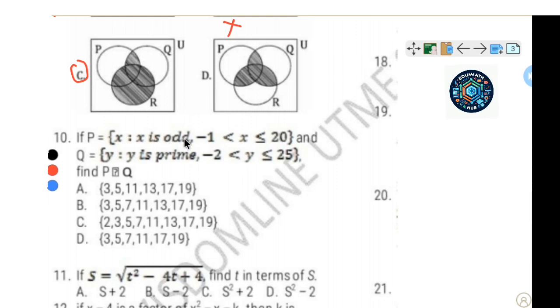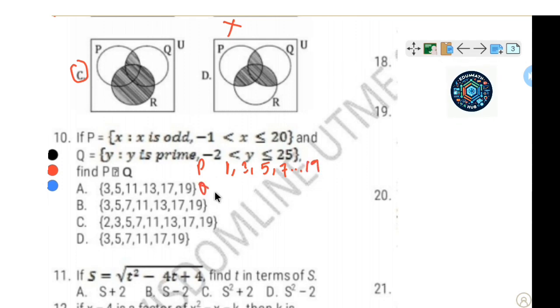We are told that x is odd, so the first number will be 1. That's for P: 1, then 3, then 5, then 7, and so on. The last one will be 19. You need the odd numbers.